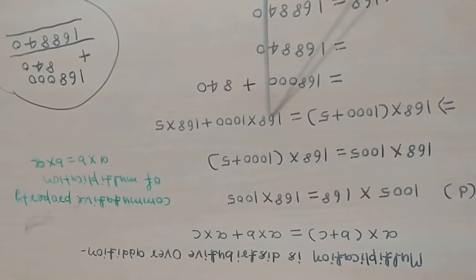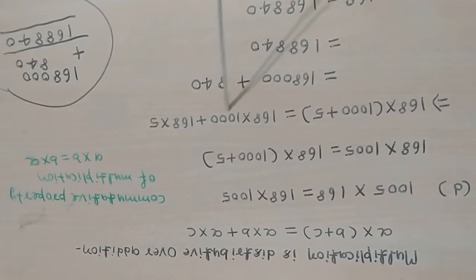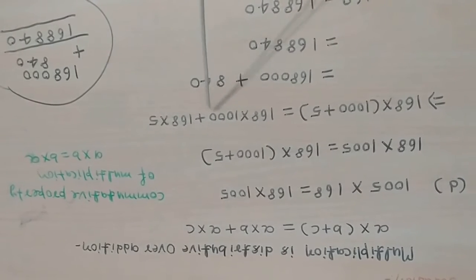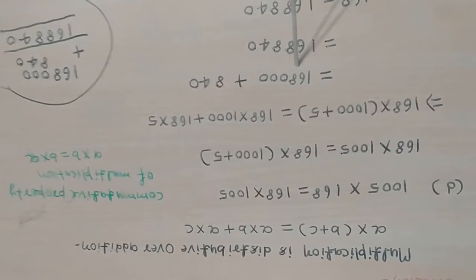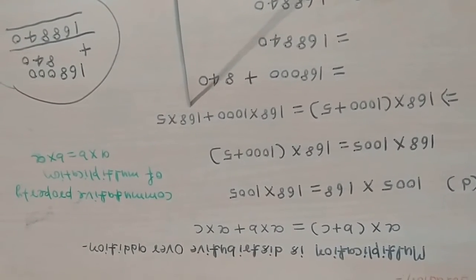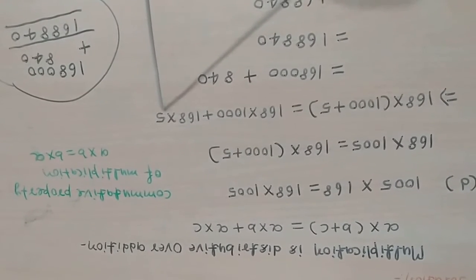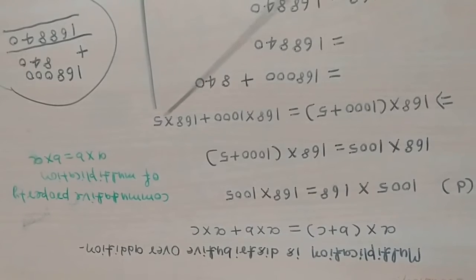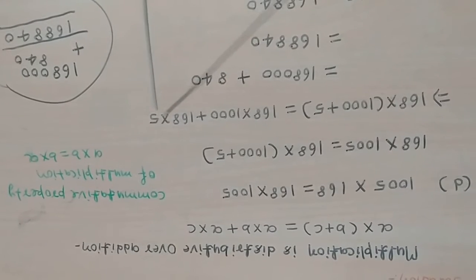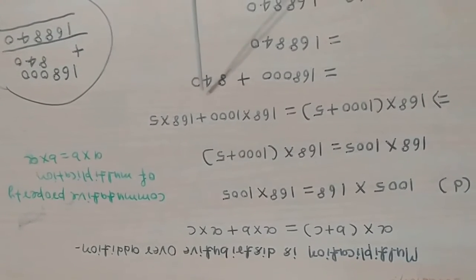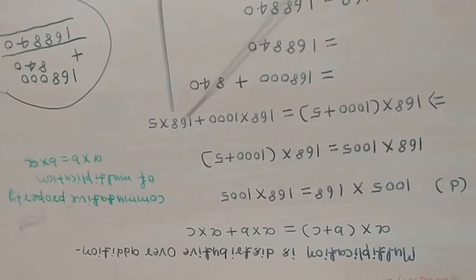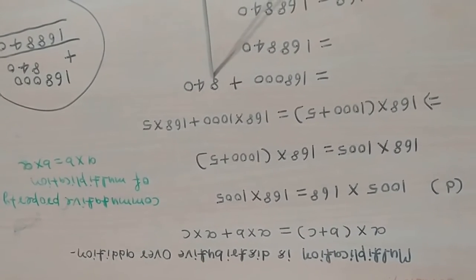Now the product of 168 into 1000 is this. First we write 168, after this we write three zeros. So in this way you can see the product of 168 into 1000 becomes 1,68,000. Clear? Plus now the product of 168 into 5. So 5 8s are 40, carry 4, 5 6s are 30 plus 4 is 34, 4 carry 3, 5 1s are 5 plus carry 3 is 8. So the product of 168 and 5 is 840.